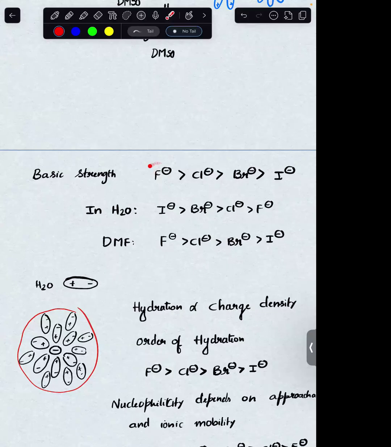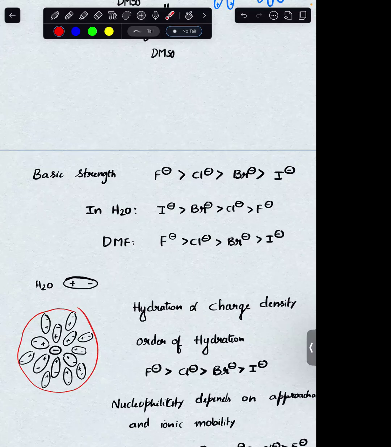Once it is solvated, what will happen to the size of that particular F minus? It increases. F minus is getting solvated, so it is becoming bulkier and bulkier. Once it becomes bulkier, what will happen to its strength as a nucleophile? Whenever I'm talking about a nucleophile, you need to visualize it as less bulky as possible because it has to go and donate its electron pair in some orbital.